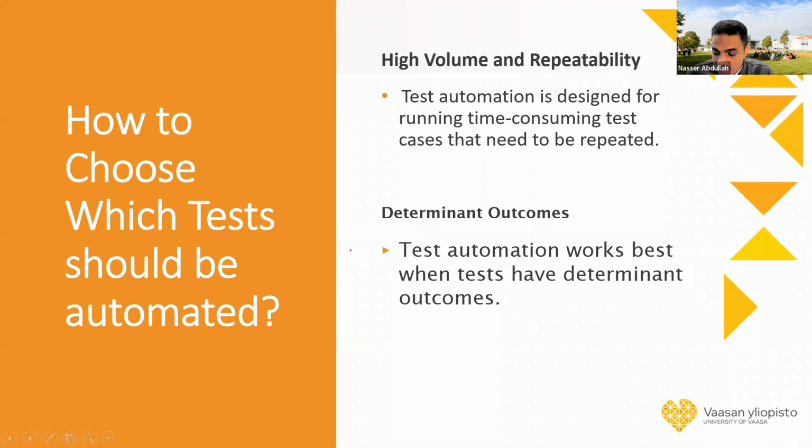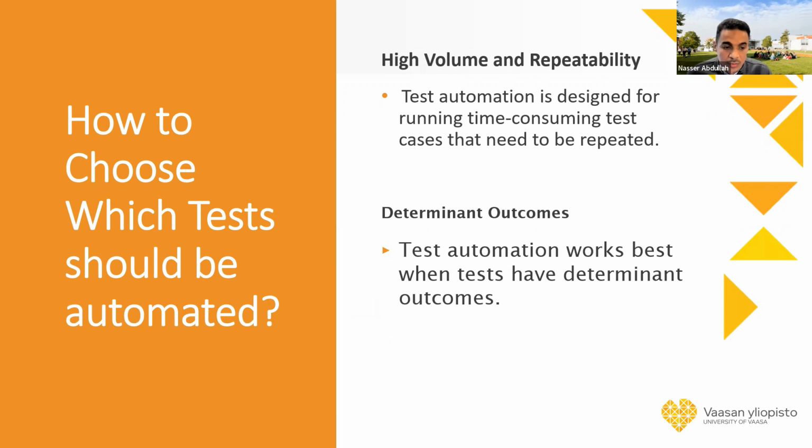Now the second one. As we see, we are trying to choose which things need to be automated. The second one is determinate outcomes. As I told you, if you want to automate, you don't have to test everything.